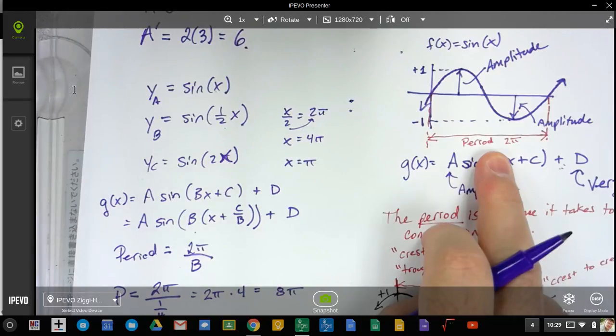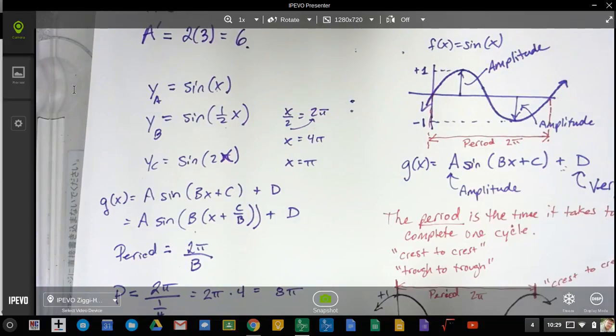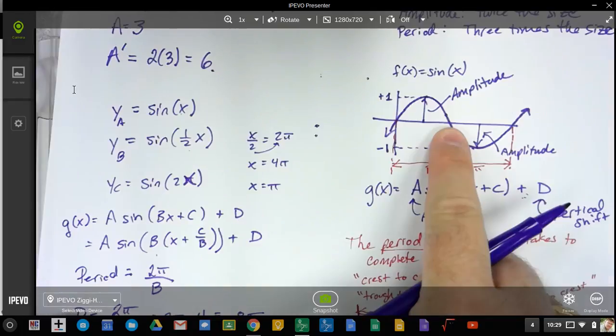Ethan, I got it right. You're not doing all of this. I'm saying the amplitude is easy, right?